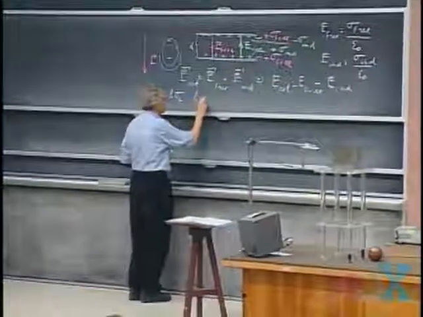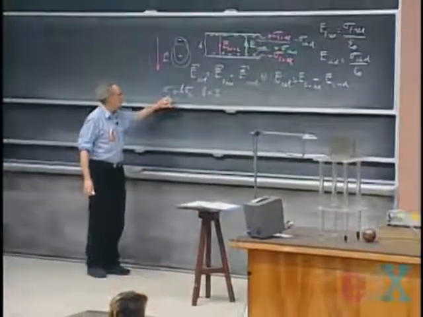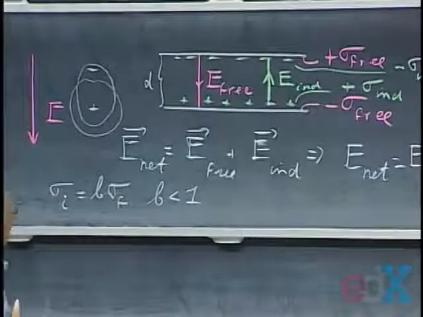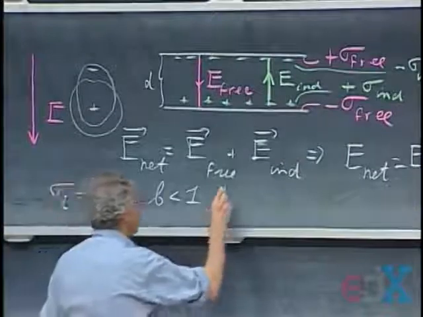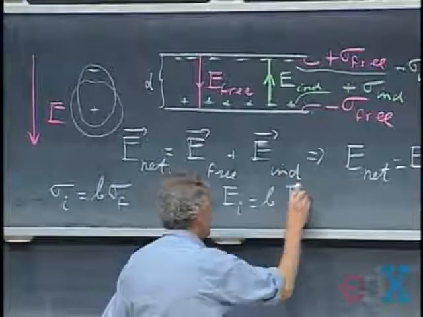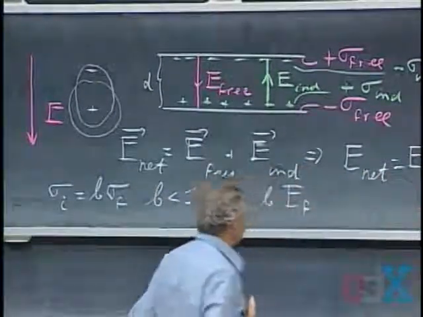B is smaller than 1. If B were 0.1, it means that sigma induced would be 10% of sigma free. That's the meaning of B. So clearly, if this is the case, then also E of I must also be B times E of F. You can tell immediately they're connected.